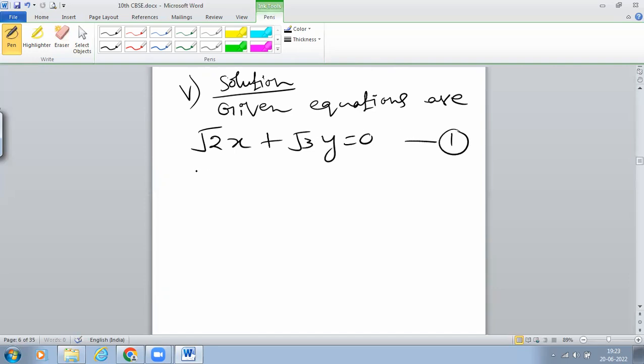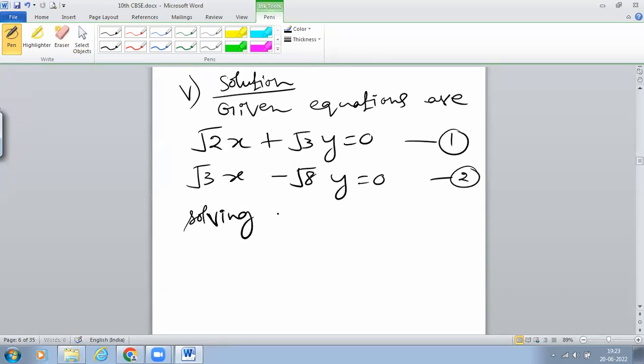And another equation is root 3 into x minus root 8 into y, which is equal to 0. This is equation number 2. Now we have to solve these two equations by which method? Substitution method. So solving 1 and 2 by substitution method. If you want, you can mention it here.